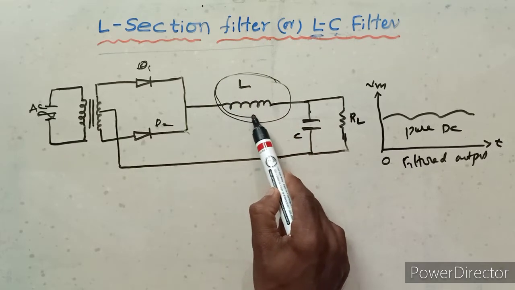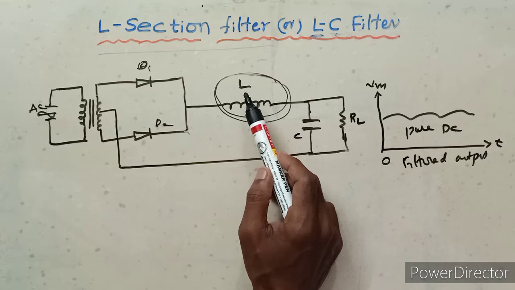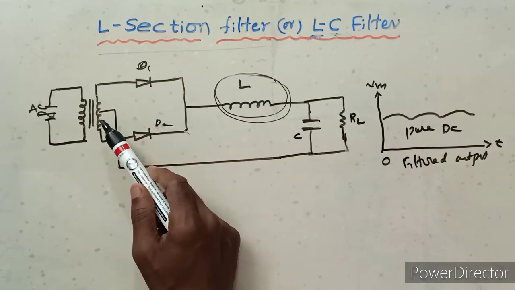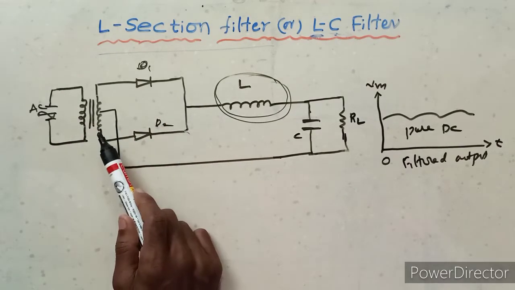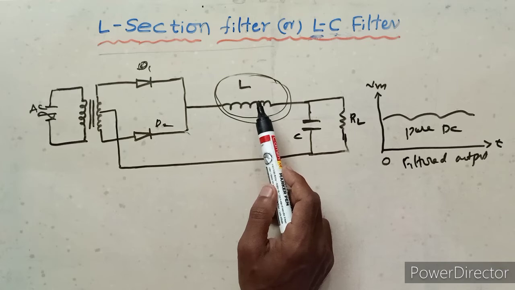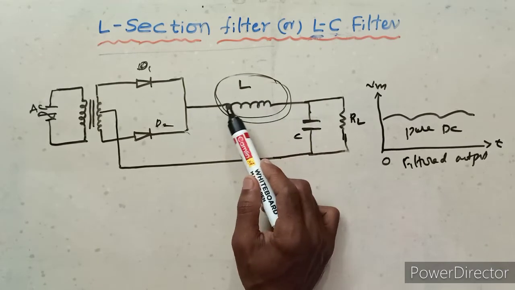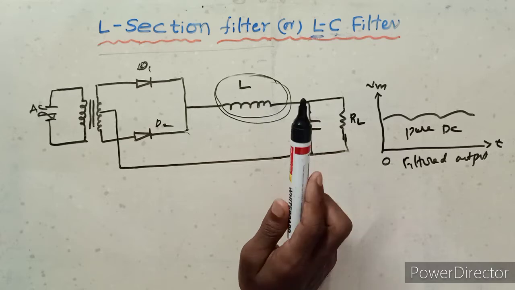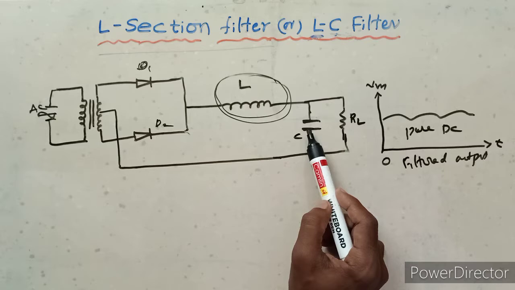In L section filter, AC components are almost blocked. DC components are rectified from the full wave rectifier. But some part of AC components is bypassed through the coil. Those AC components pass through the shunt capacitor.